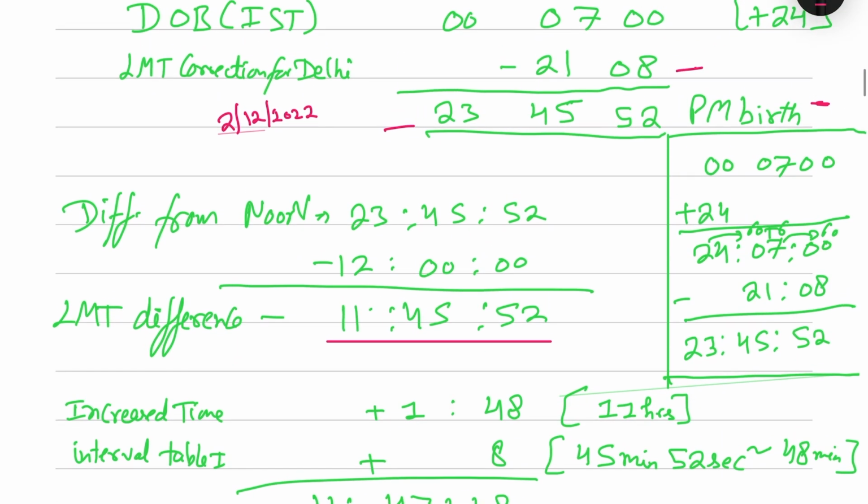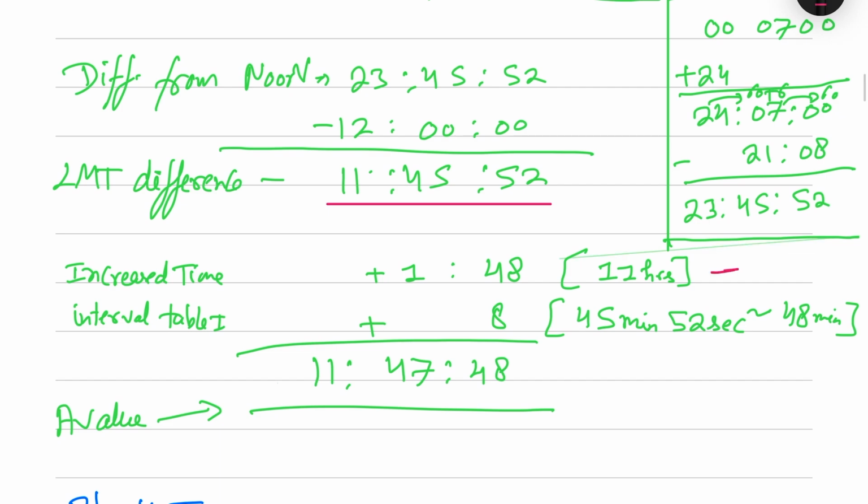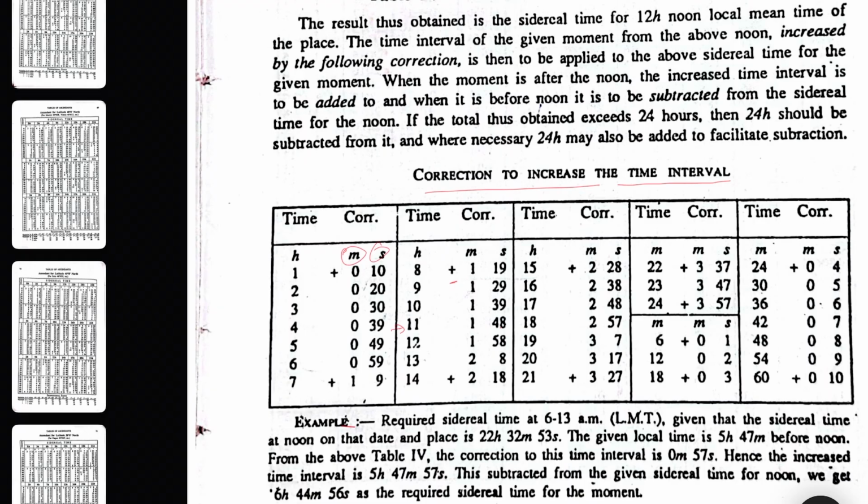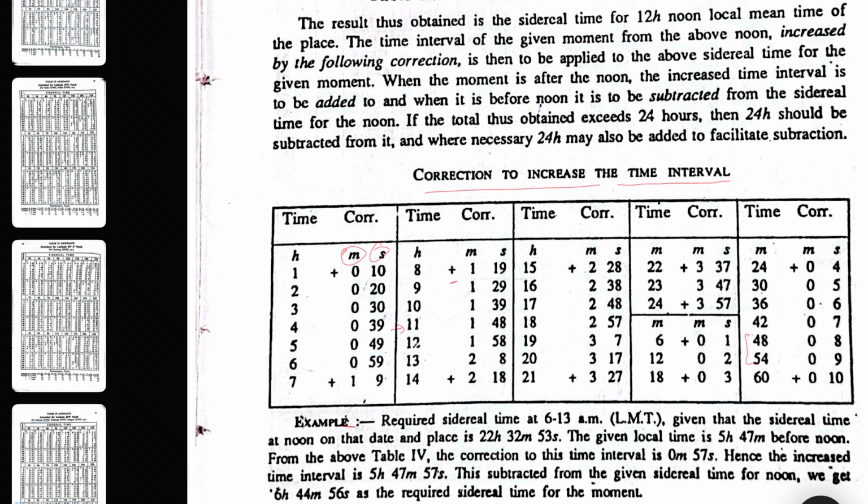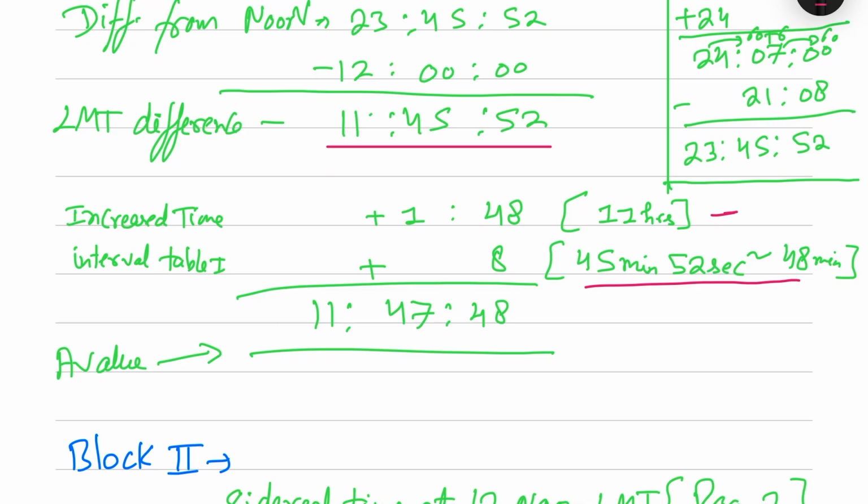For 52 seconds, it does not lie here; it is between 48 and 54, and since it is near 46, I am using plus 8 seconds. If we add all, we get the A value as 11:47:48.